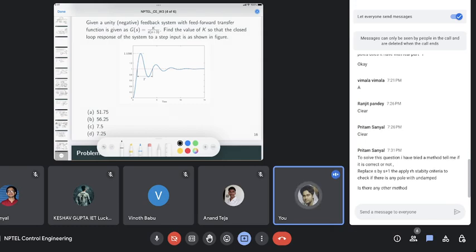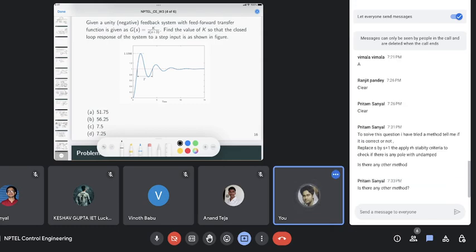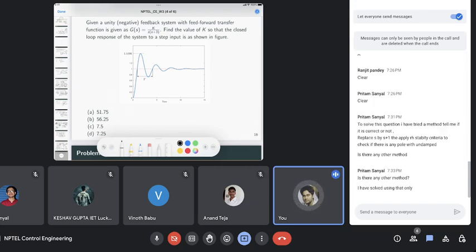Okay, you have written some. Okay, try to solve this method. Tell me. Okay, replace s by s plus 1 and apply the criteria, yeah, that is one method you can apply. Other methods, I don't know if we can solve with another method, but that will be the easiest one.